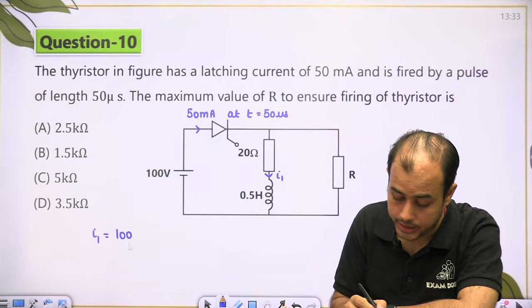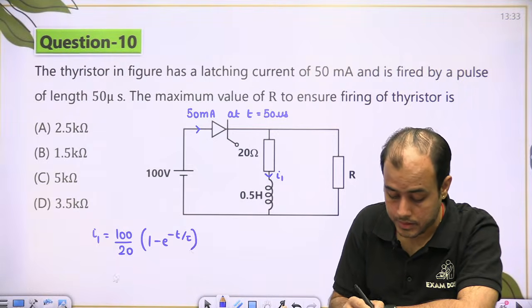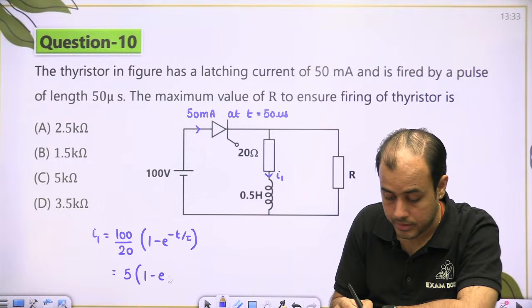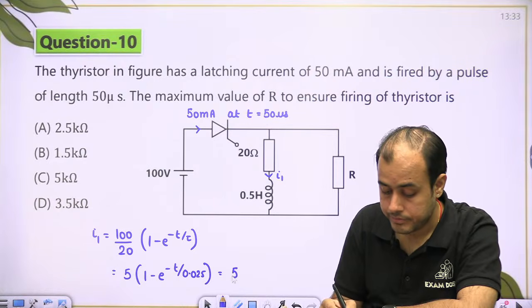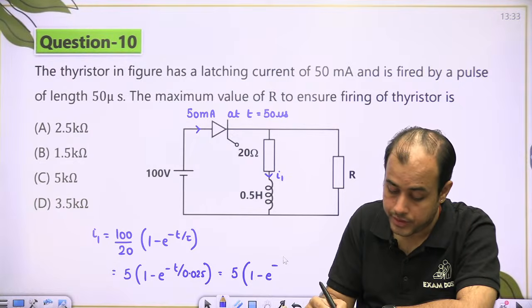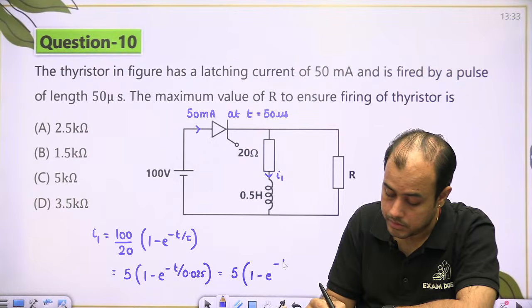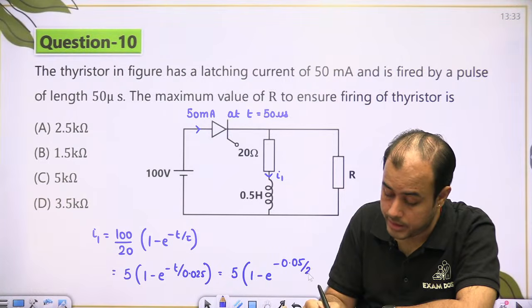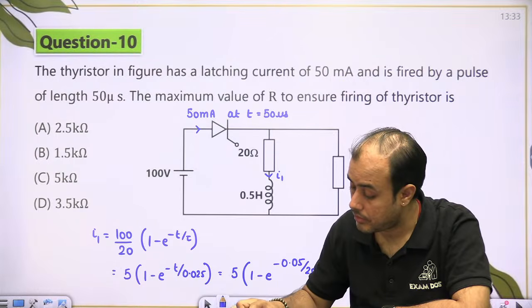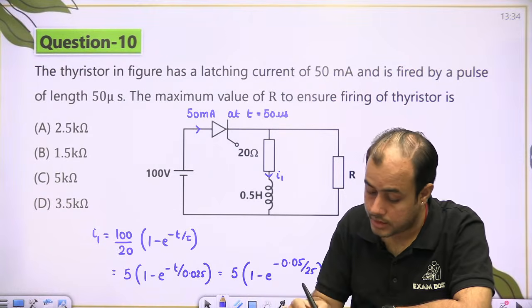Now I1 will be 100 by 20, 1 minus e to the power minus t by tau, 5. Tau is 0.25. 50 microsecond is 0.05 millisecond, and it is 25 milliseconds. milliampere.